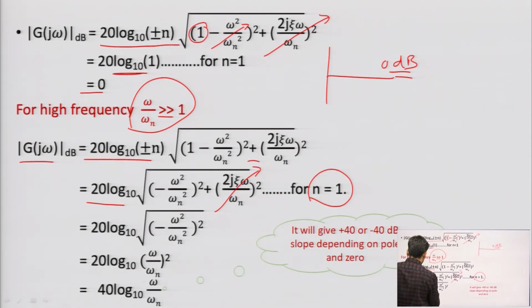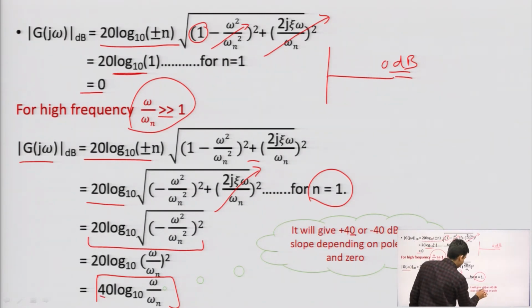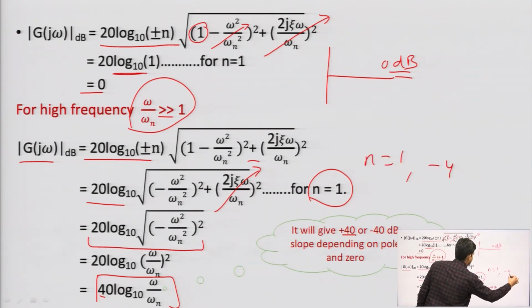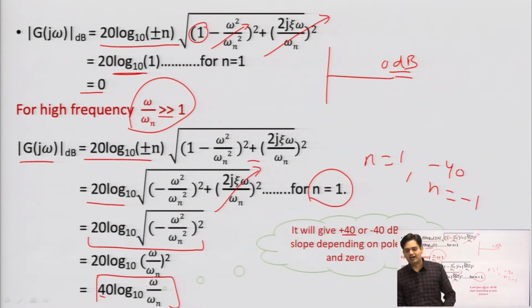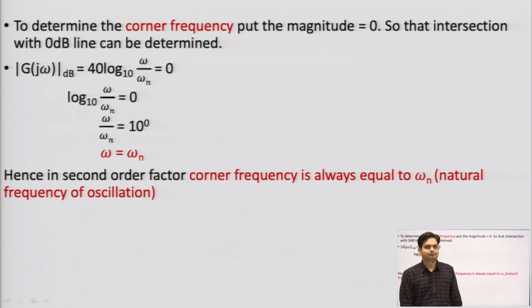The square root is replaced by the square term, and if I solve it further this becomes 40 log omega by omega n. So the slope of plus 40 will come when n is equal to 1, and a slope of minus 40 will come when n is equal to minus 1. This happens with the quadratic factor.